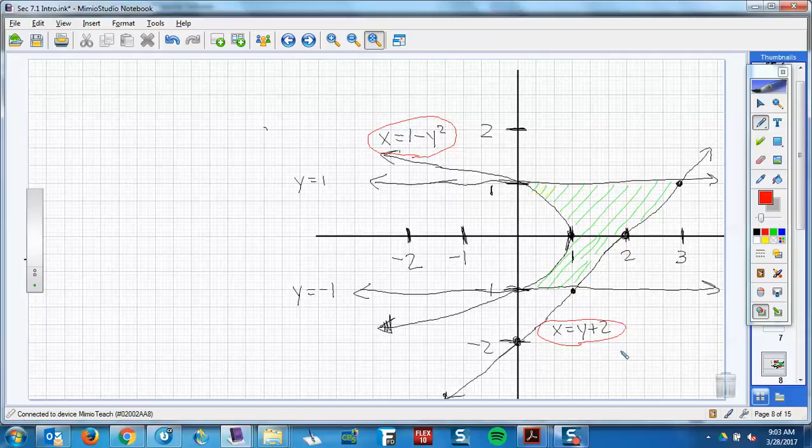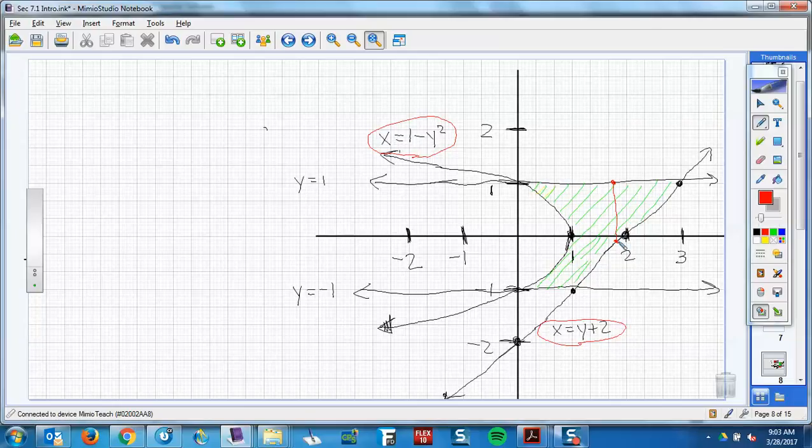Well, now here's the problem. If I drew a rectangle, don't draw this in right now. But if I drew a rectangle in here or a strip that was, say, right here, right? What's the top curve of that strip? Y equals 1. What's the bottom curve of that strip?